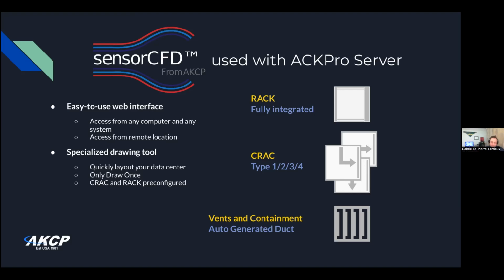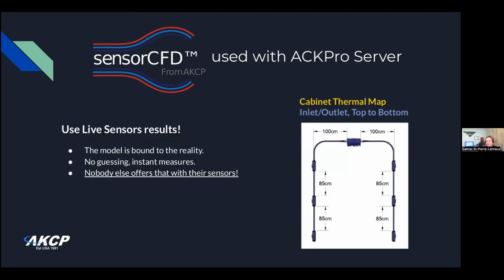So you have a specialized drawing tool that already uses software that maybe you have been using for years. And the other advantage is that we use the probes and sensors that you have on your rack and on your CRAC. So you use the live results that exist in reality to bound the CFD model.